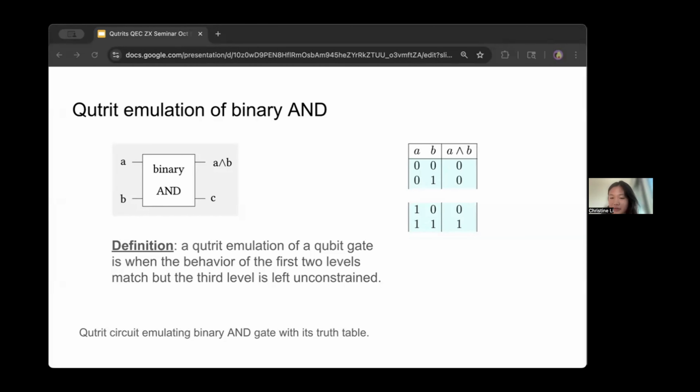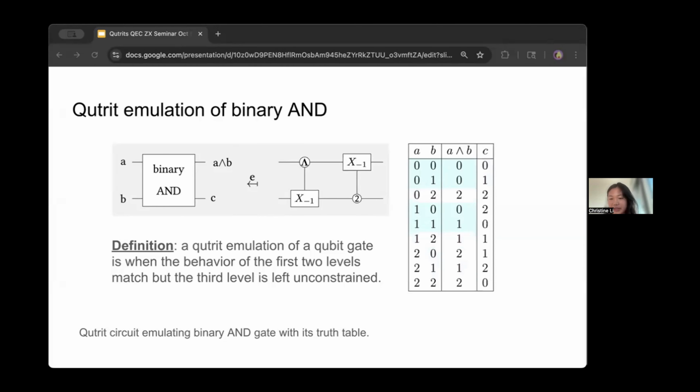But the third level is left unconstrained. So in this example, you can see the additional rows of the truth table for the circuit. So this is a circuit for the AND gate using qutrits and to emulate it.